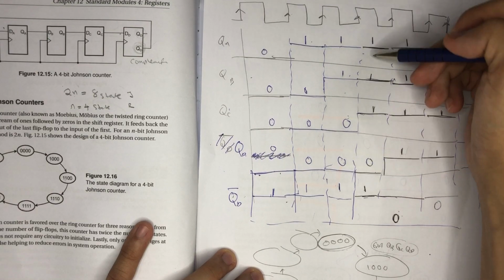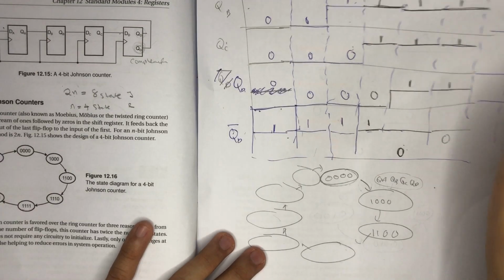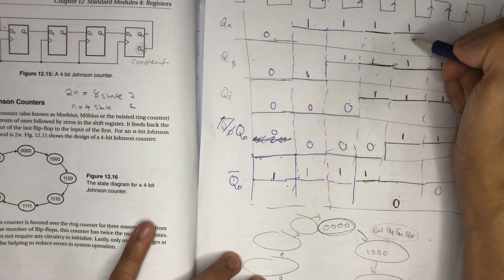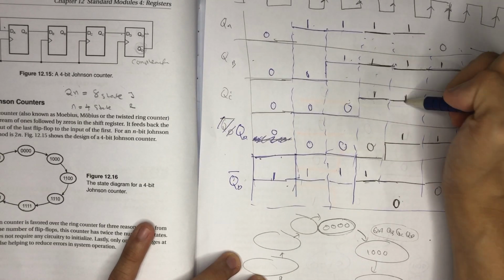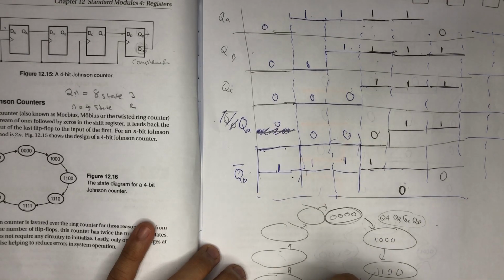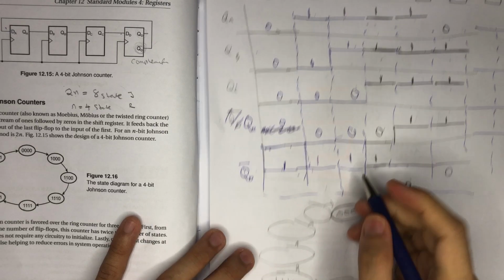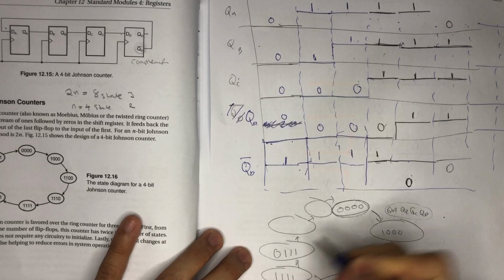1 1 0 0, then 1 1 1 0, then after that 1 1 1 1, then after that 0 1 1 1, okay. And then you can continue.